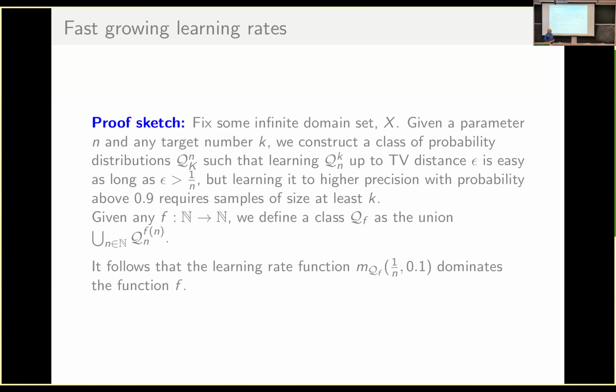Even before I get into this, it goes back. I think that most of you are familiar with the fat shattering dimension. The fat shattering dimension describes how difficult it is to learn a function in the L infinity norm.